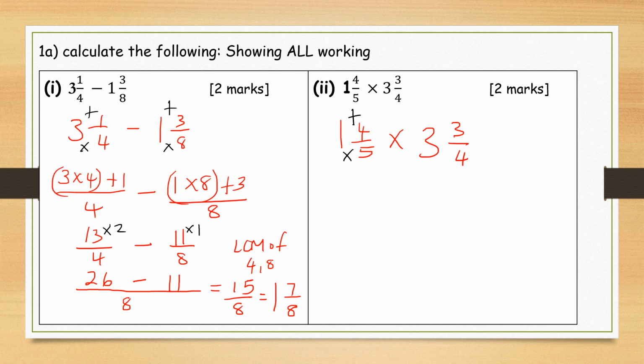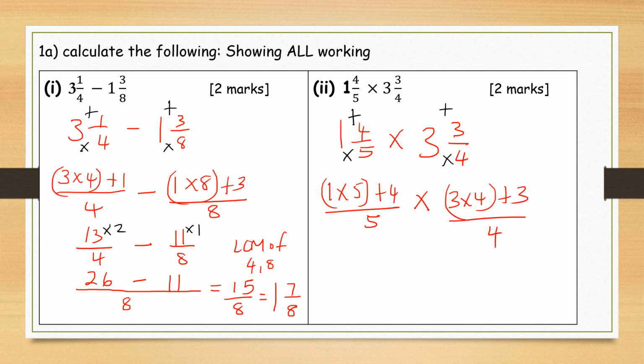Whole number by the denominator plus the numerator. That is going to give us 1 times 5, put that in bracket, plus 4/5 times 3 times 4 plus 3/4. I'm doing it this way because I find a lot of students don't seem to be able to convert the mixed number to the improper fraction.